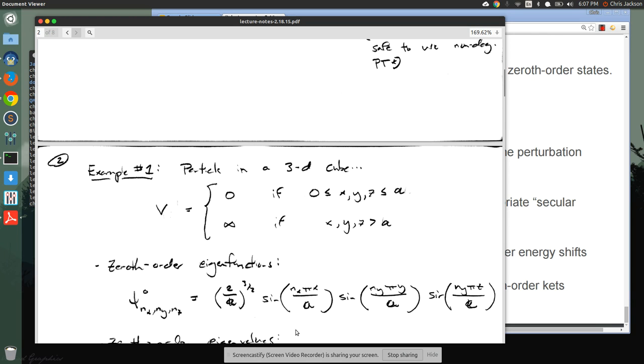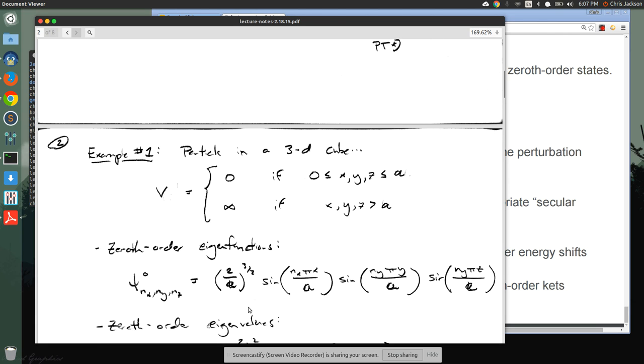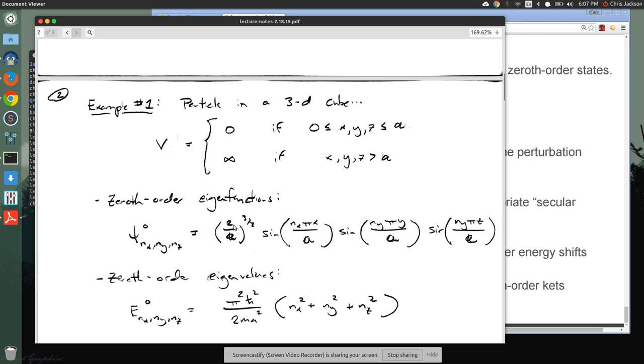And so I get three sine functions, and I know there's a typo right here. This should be n sub z, but each of these should have their own quantum numbers, nx, ny, and nz, right? And we should know what the solutions are, and we should know what the normalization is, okay? So the wave functions get glued together, the energies get summed together, right?